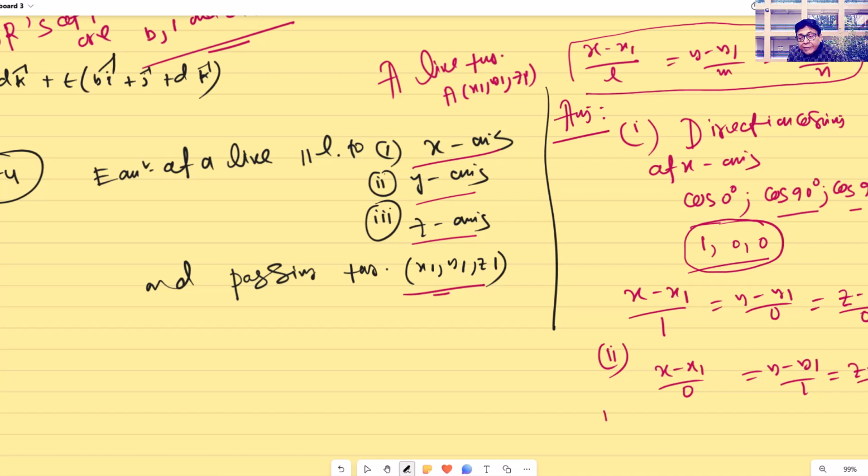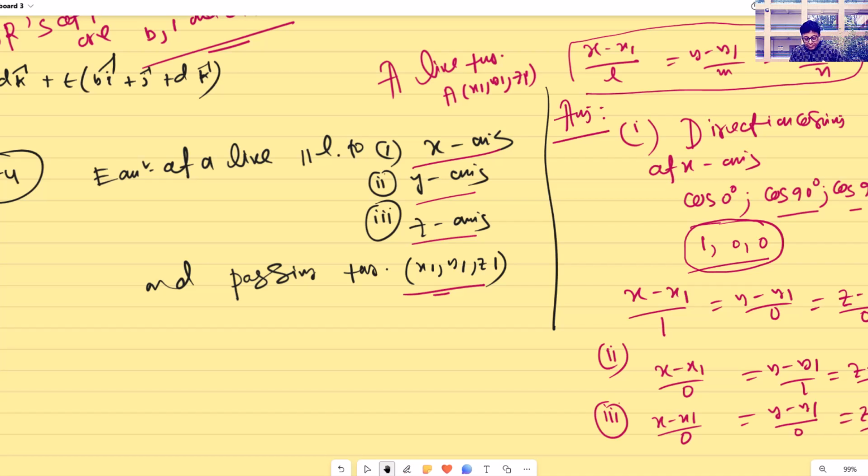Okay. Similarly, the third one will be (x minus x1) by 0, z-axis has direction cosines 0, 0, 1, so (y minus y1) by 0, (z minus z1) by 1.